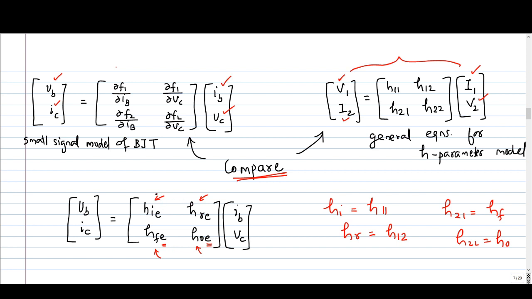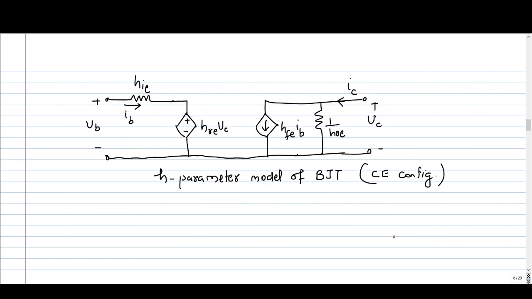So if I can evaluate HIE, HRE, HFE and HOE, then I can model the transistor using the H parameter equivalent circuit. We have seen the H parameter equivalent circuit in the previous video, so I have reproduced it here. Instead of H11 I have used the symbol HIE, instead of H12 I have used HRE, instead of H21 I have used HFE, and HOE represents H22. This is actually the same circuit that we have seen in the previous class.